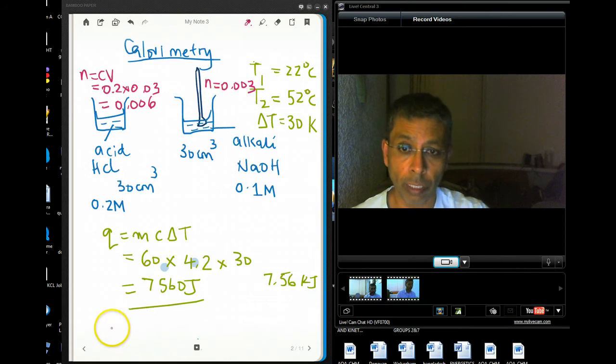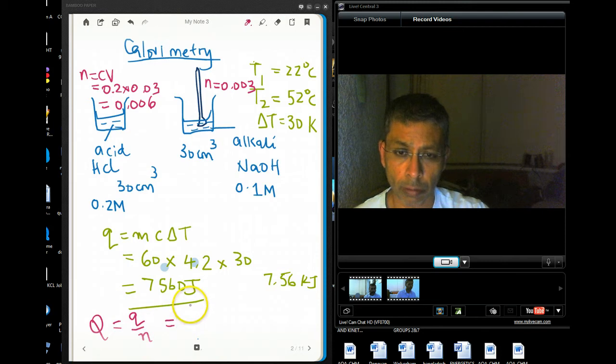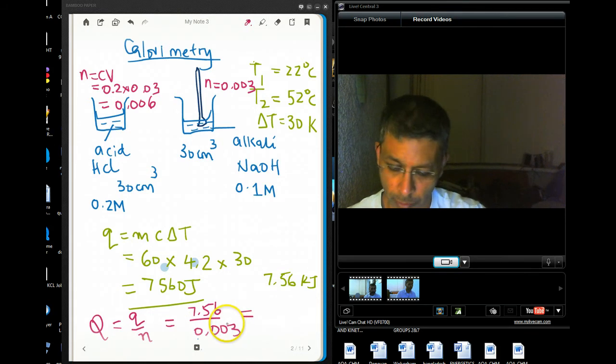What you would do is divide the joules by the smaller moles, because that's the limiting factor. So little q over n is equal to 7.56 divided by 0.003, which equals 2520.